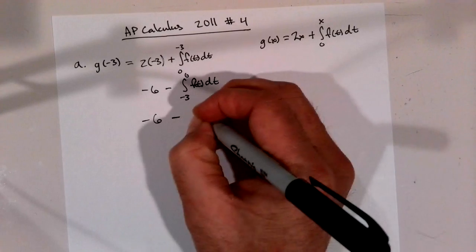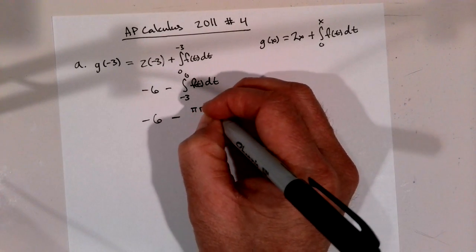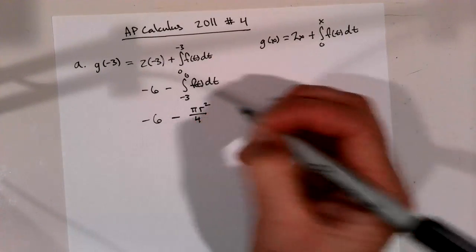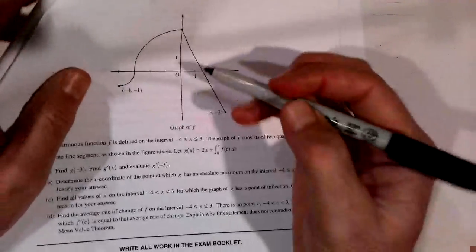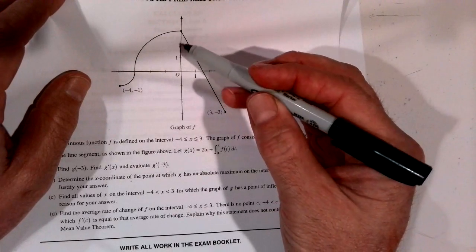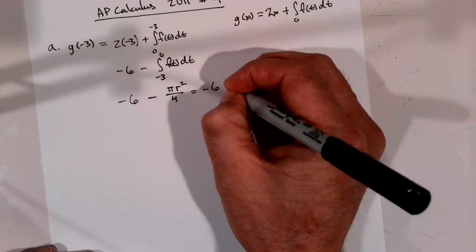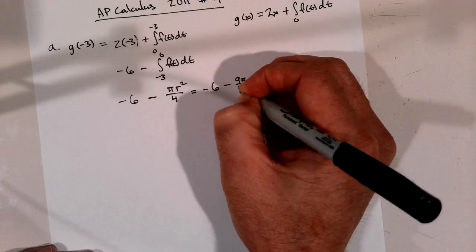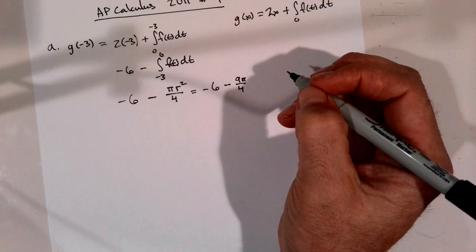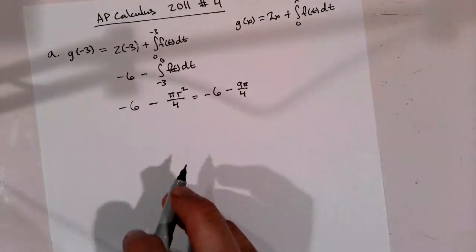So -6 minus pi r squared, and it's a fourth of it, so over 4. What is the radius of that circle? 1, 2, 3. Your radius is 3. So -6 minus 9 pi over 4. And that's what g of -3 is.